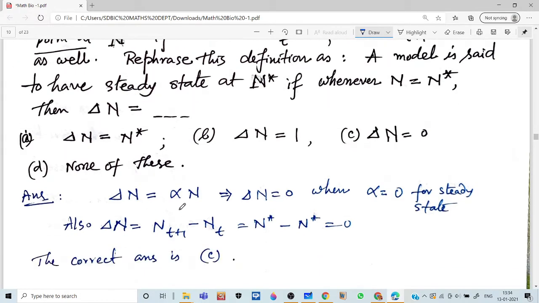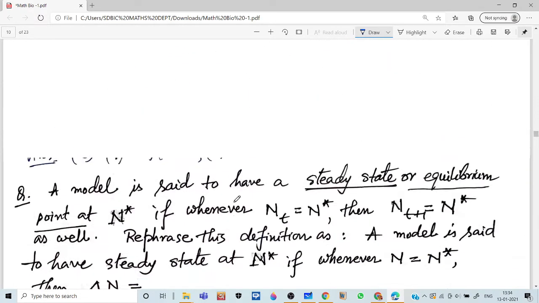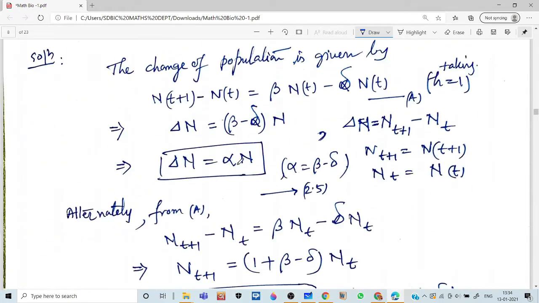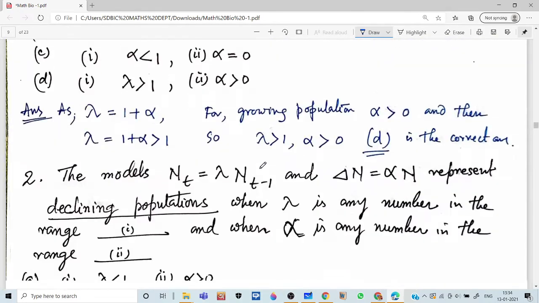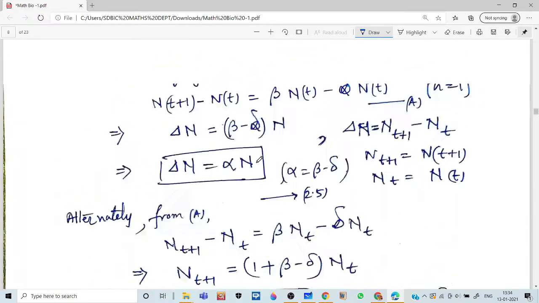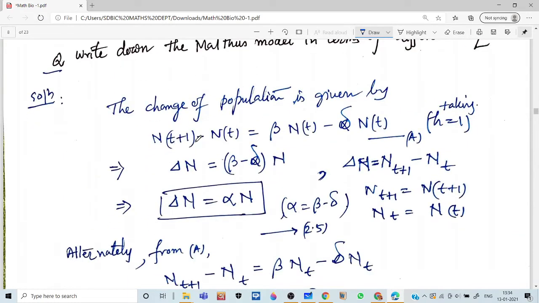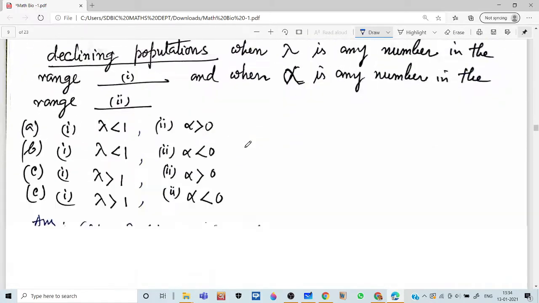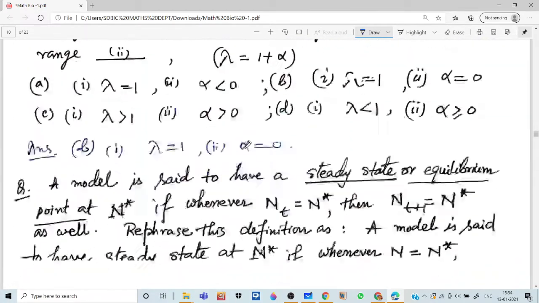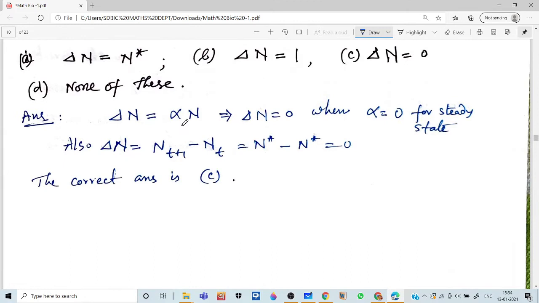Actually, delta N means alpha times N. We already have this in the equation, delta N equal to alpha N. Here delta N means Nt plus 1 minus Nt. Delta N is equal to 0 when alpha is equal to 0 for steady state.